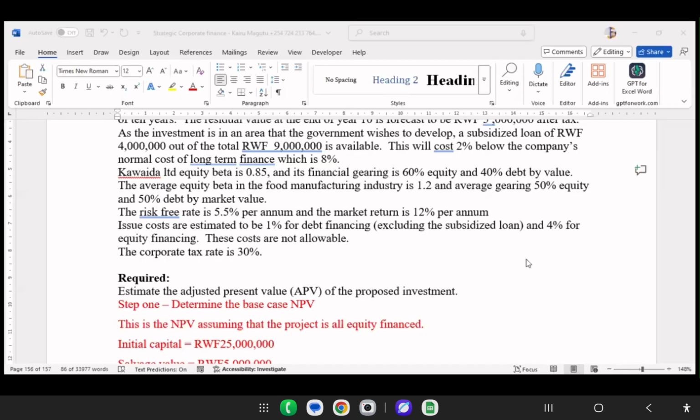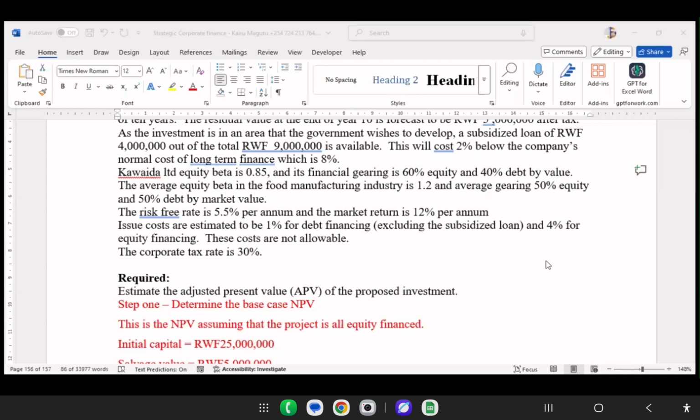Simple question. When you are evaluating your project, will you use the interest rate in the Kenyan market where you are investing, or will you use the interest rate from where you borrowed the money? Just answer that question so that we agree. You are in Rwanda, you borrow a loan at 20%.